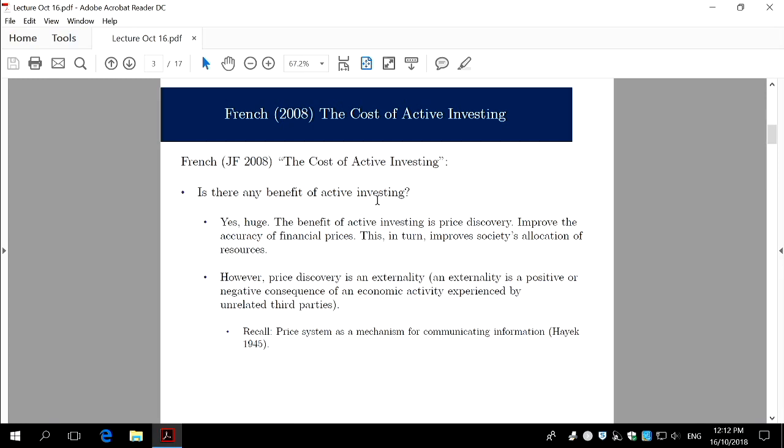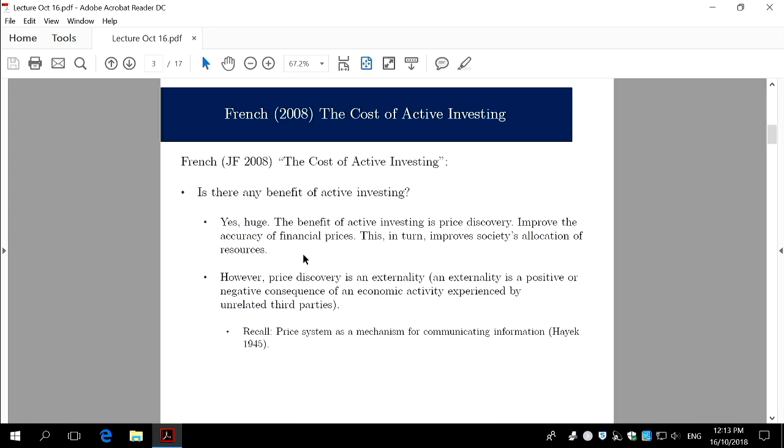Once the market absorbs all that information, the price becomes more accurate, which means improved accuracy of financial prices. And if the price is accurate, that would improve our society's allocation of resources. That's the ultimate purpose of economics, right? A better allocation of resources. That is why this benefit is huge.